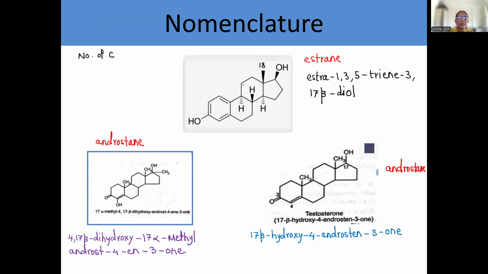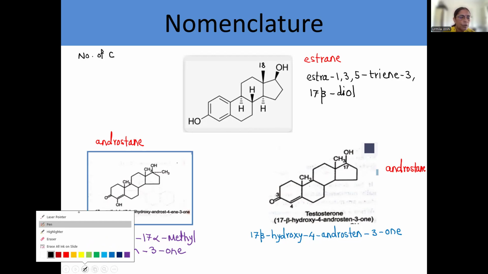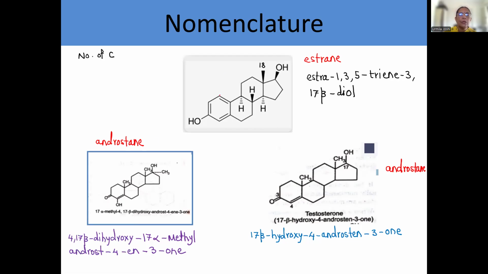Okay, there are cyclopentanophenanthrene and one angular methyl group. So it is a C18 ring. Therefore, it is estrane. Okay. Then it is better to put the numbering, because when you put the numbering, it is very easy to write the nomenclature. Okay.